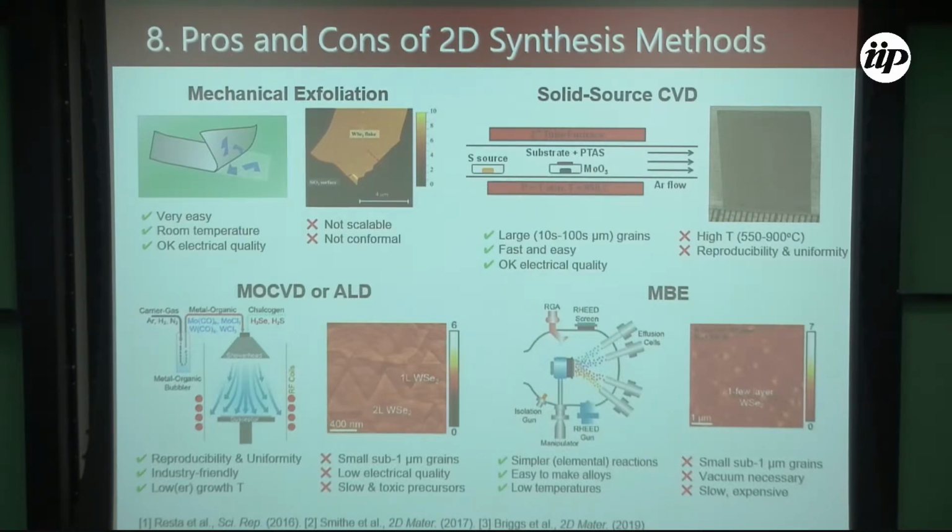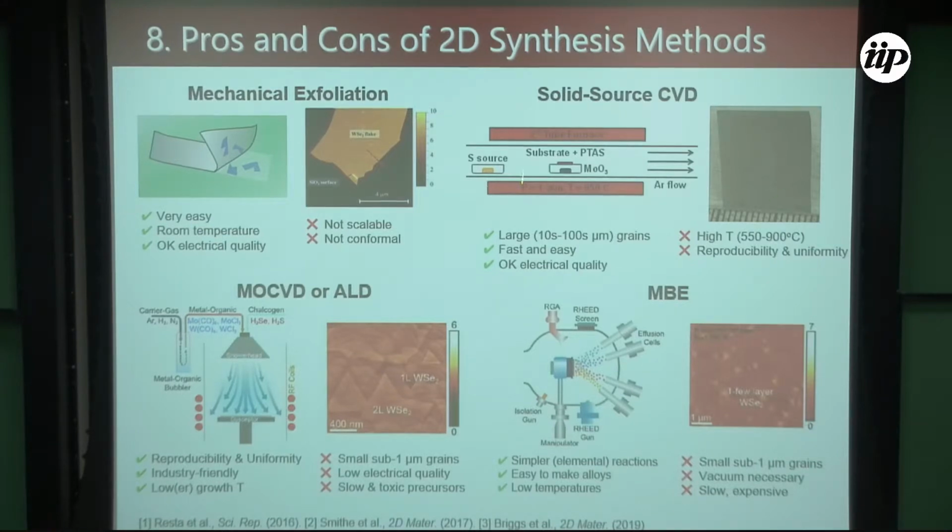Looking at this, mechanical exfoliation, of course, we all love because it's very easy. You get pretty good electrical quality most of the time, but anybody in industry that I talk to doesn't want to hear about it. If I mention mechanical exfoliation to any of my sponsors, they will take away my funding. So I can't do this really, except rarely.